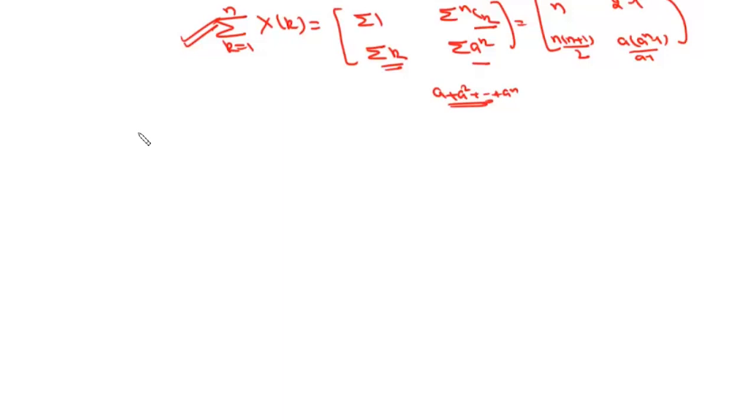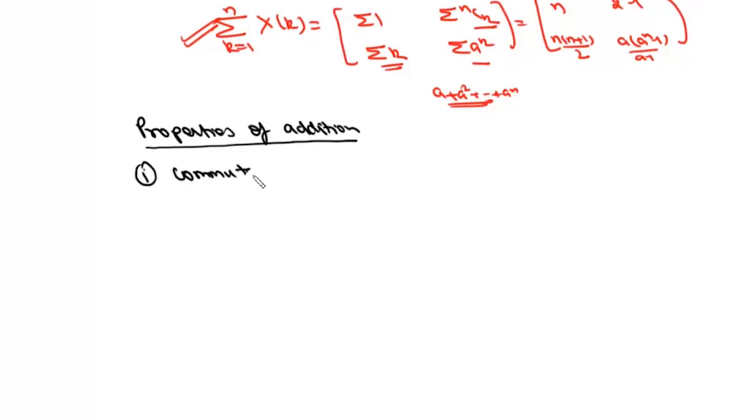Now if we look at properties of addition, first, addition is commutative, which means A plus B is the same as B plus A, and second, this addition is associative.